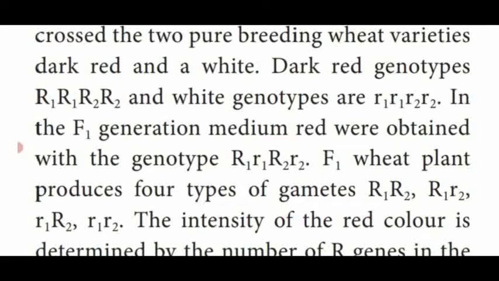Hybridization was made for several generations, and they produced the newly formed character or trait that is named pure breeding. So he took 2 pure breeding wheat varieties, one dark red and another white. Out of these 2 parental characters, red color is dominant over the other, white or colorless.